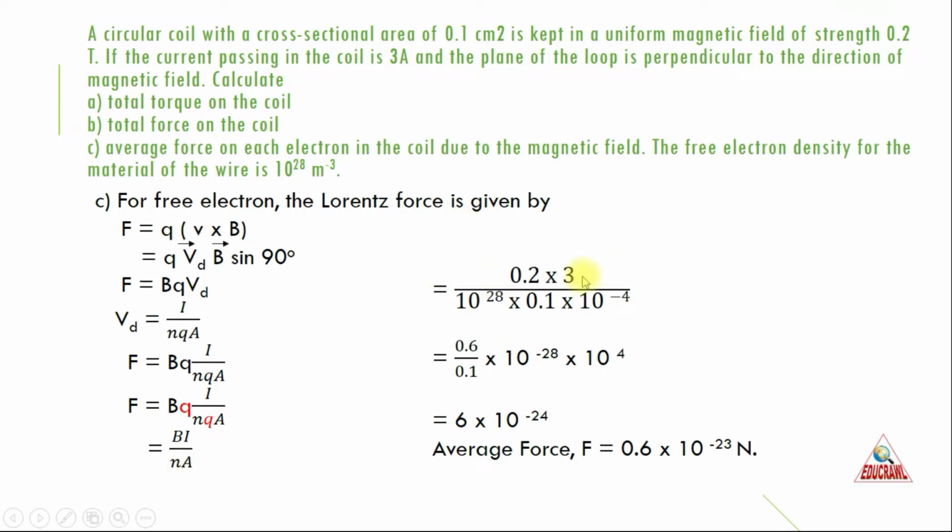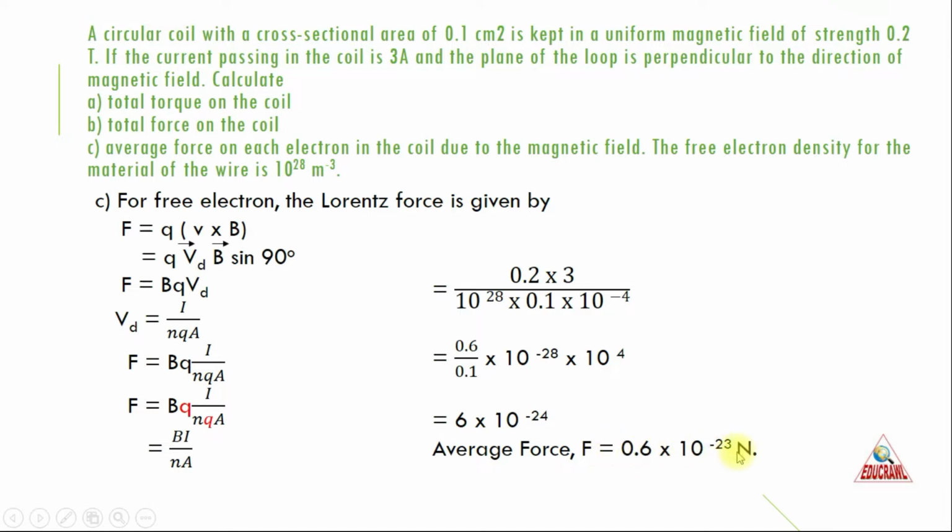Substituting all these values as 0.2 into 3 the whole divided by 10 power 28 into 0.1 into 10 power minus 4 and simplifying, we get 0.6 divided by 0.1 into 10 power minus 28 into 10 power 4, which is nothing but 6 into 10 power minus 24. So the average force value is F is equal to 0.6 into 10 power minus 23 Newton.